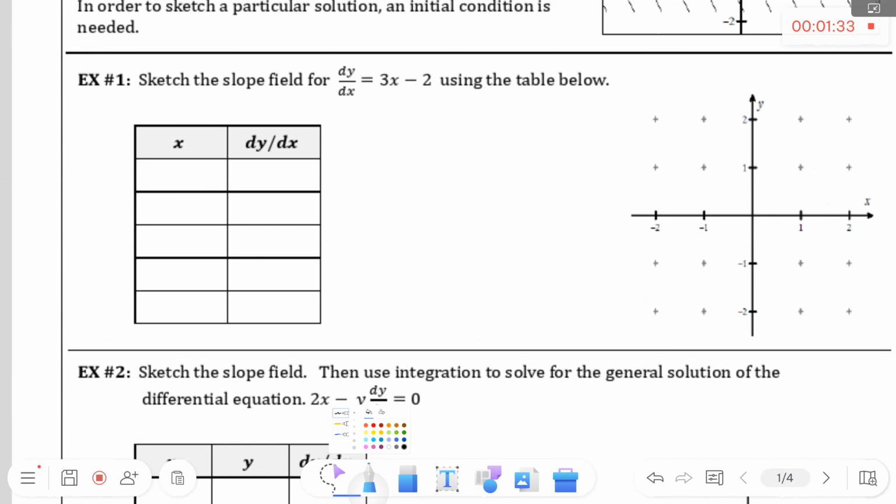We got -2, -1, 0, 1, 2. I just picked these dots right here. Okay, plug it in.